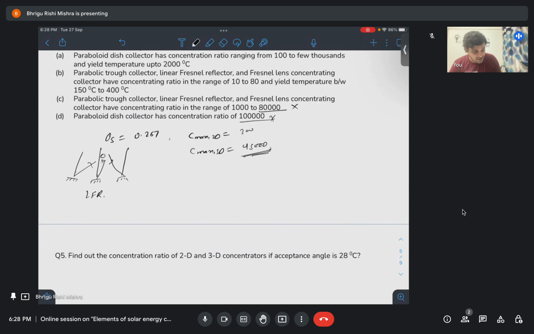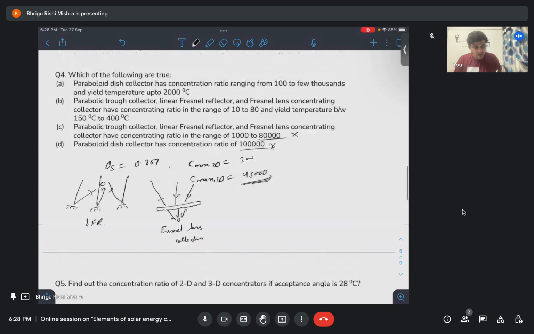For the Fresnel lens, we have this giant lens which concentrates the radiation to a point by using refraction. So this is the Fresnel lens collector, and this last one is the paraboloid dish.